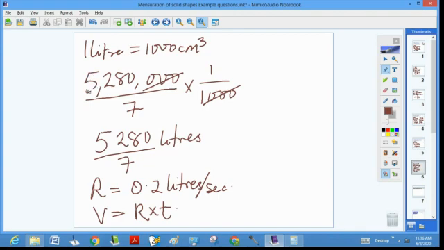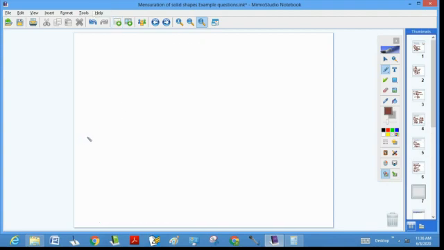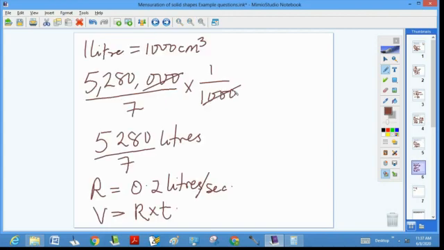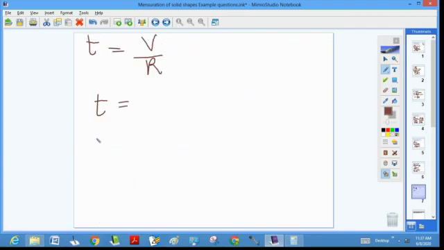So from here we make time the subject of the formula. That means T is equal to V over R. So making our substitution, V we have it to be 5,280 over 7.